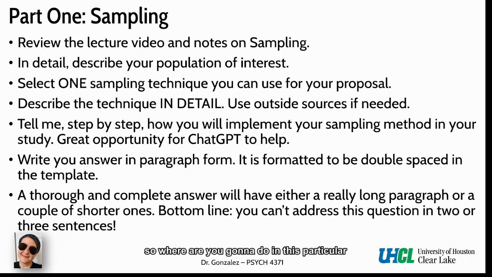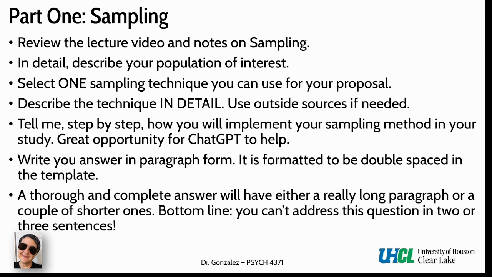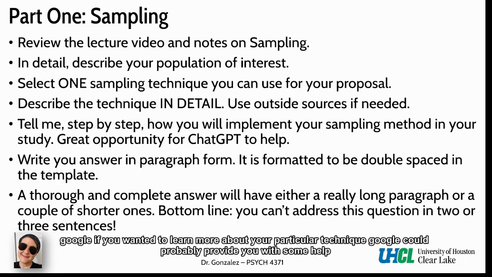So what you're going to do in this particular part is you're going to tell me about your population, then you're going to select one sampling technique that would work for your proposal, and you're going to describe it in detail. You can use outside sources if you need to. The book would help. You could probably Google.